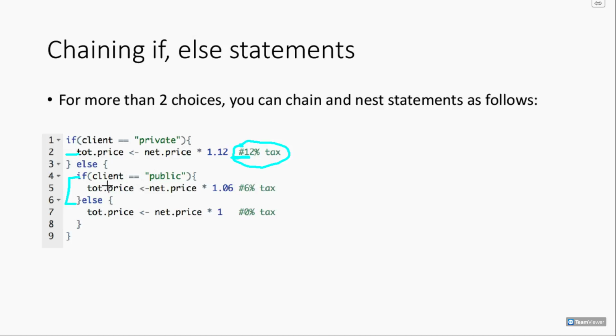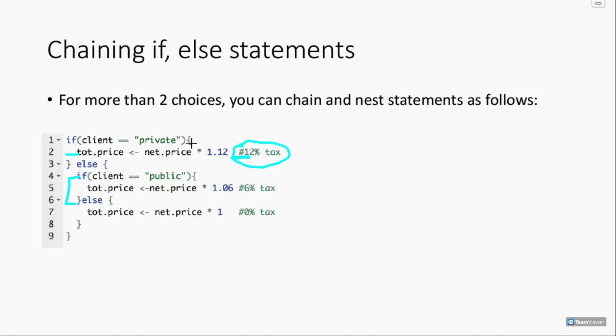If you have just two conditions that you want to test, that is, client equals private or not, and you give only the first if and else and not the condition within it, you are assuming that the client can hold just two values, private or not private.